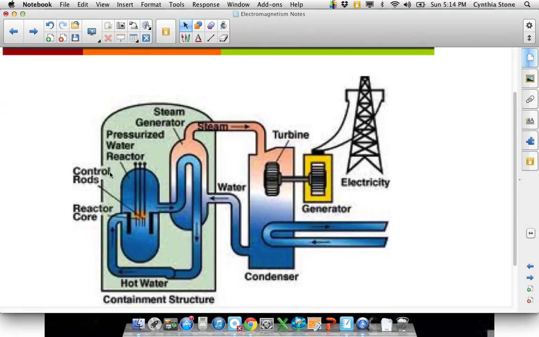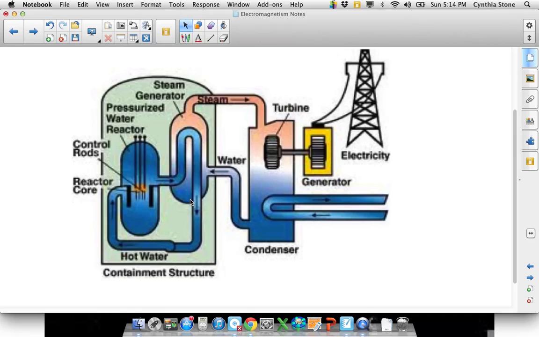Nuclear power is the same thing. What really happens in nuclear power is you have a nuclear reaction, fission, which means we're splitting uranium atoms. I think it's usually uranium anyway, not always. When they split, they create a huge amount of energy.